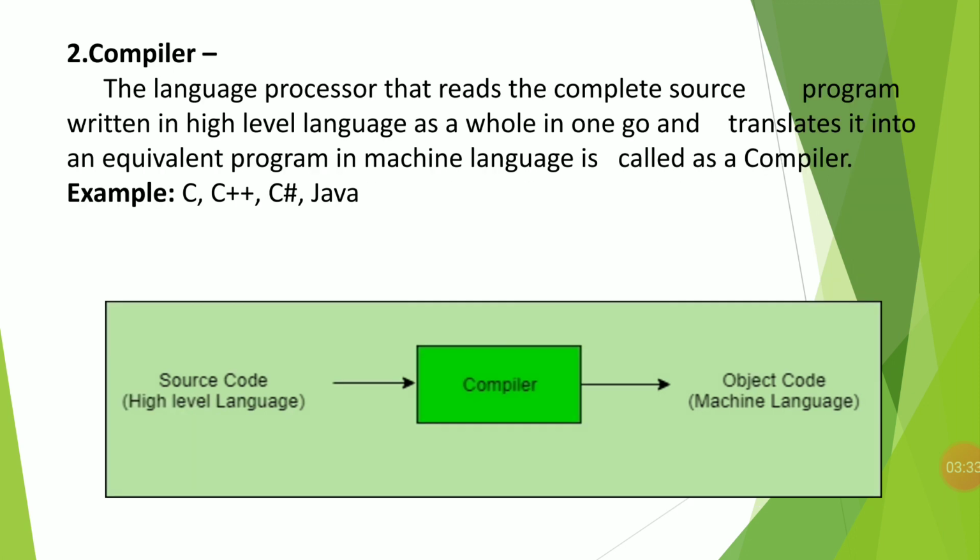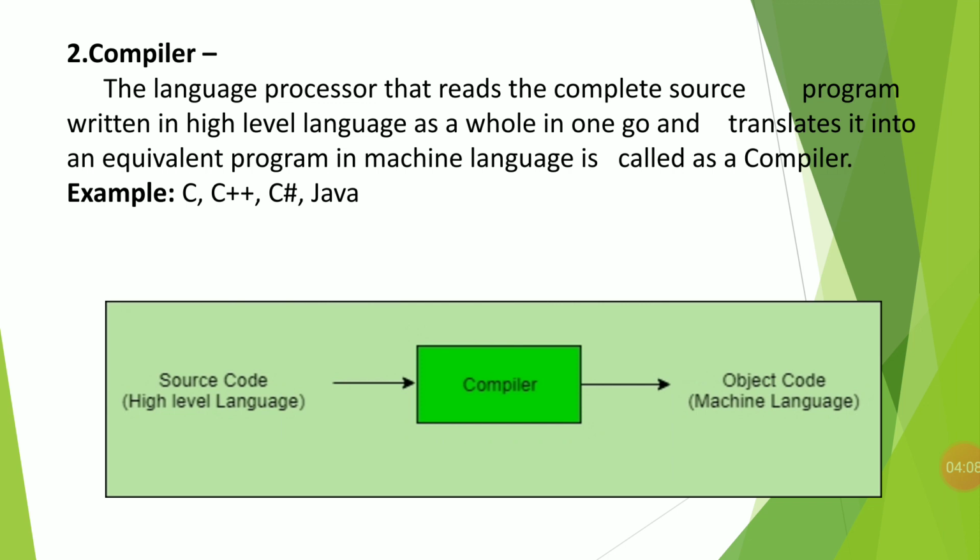The next language processor that we have is the compiler. A compiler is a computer program that translates human readable source code of an entire program into machine code or machine language. It converts the entire program in one go. If an error is found, it gives the error list along with the line number. Once the errors are removed, the compiler compiles the program.